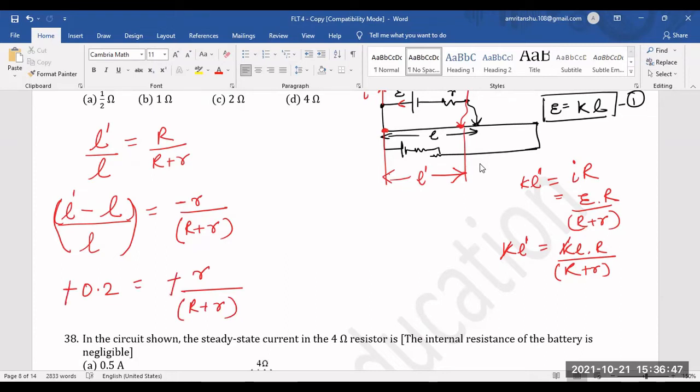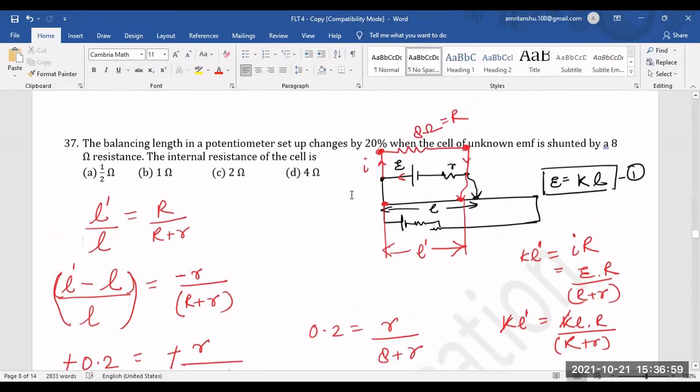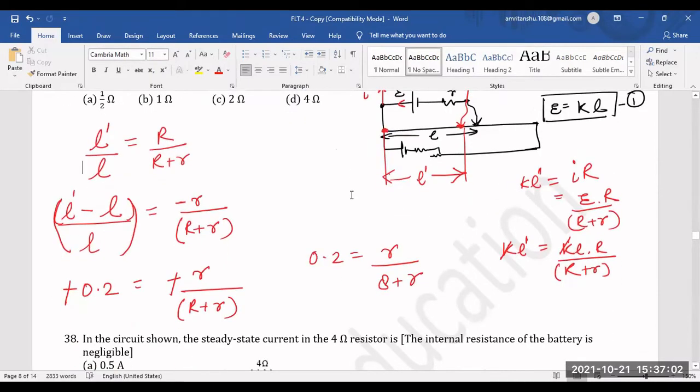And if I put R as 8 over here, so this thing will be 0.2 equals R upon 8 plus R. If I'm not wrong, that's 8. So this is 1.6 plus 0.2 R equals R. Just a second, I think I'm making some calculation mistake here.